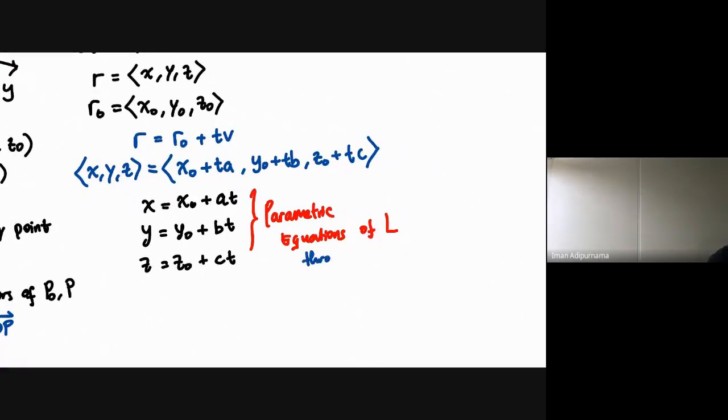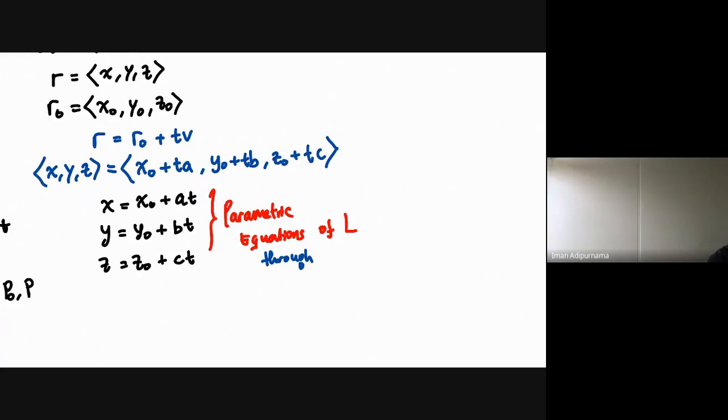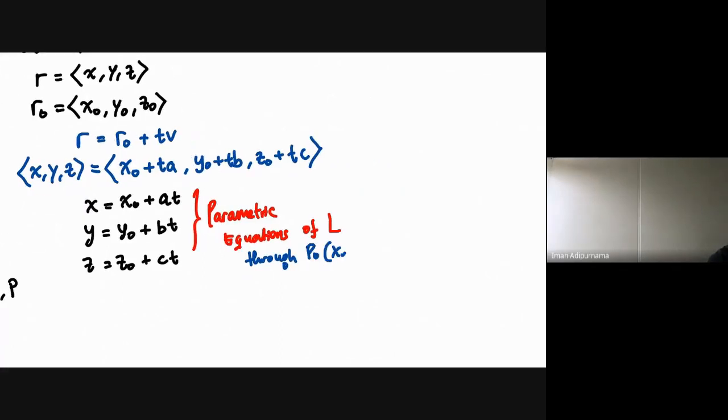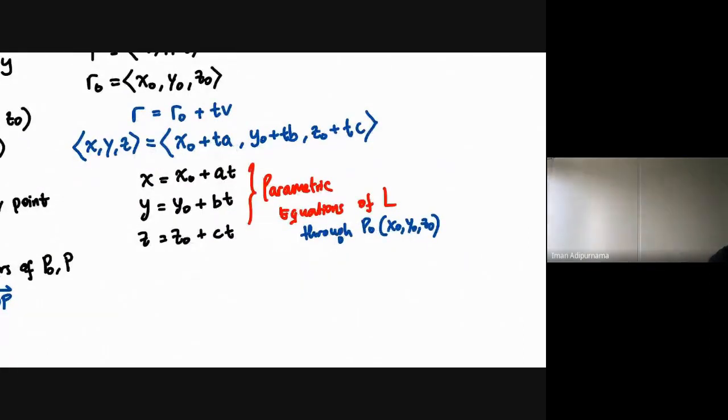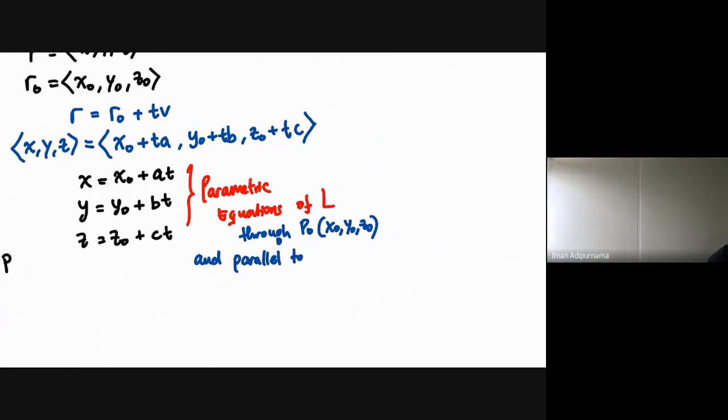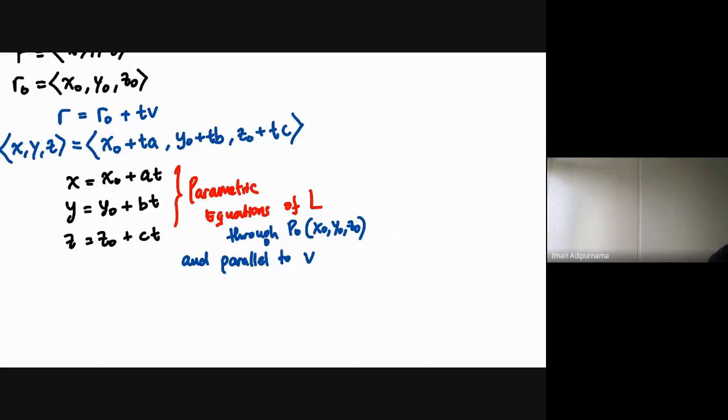Parametric equations of line L, through P0, which is x0, y0, z0, and parallel to vector v.